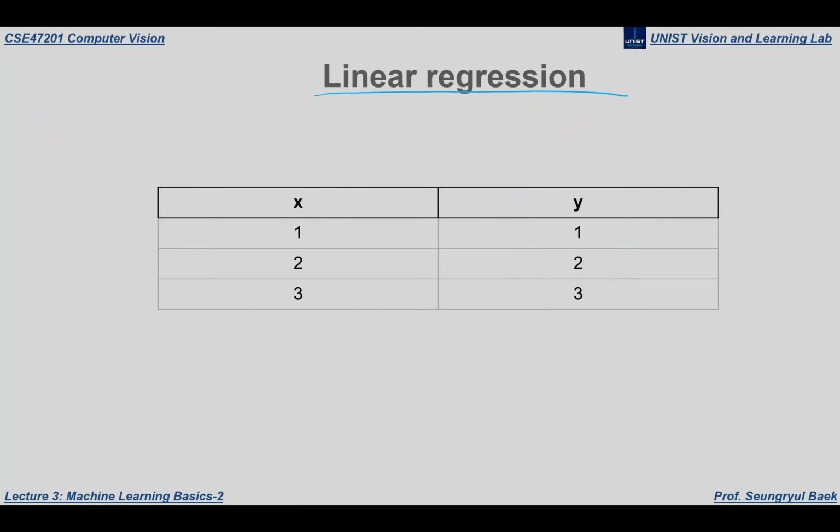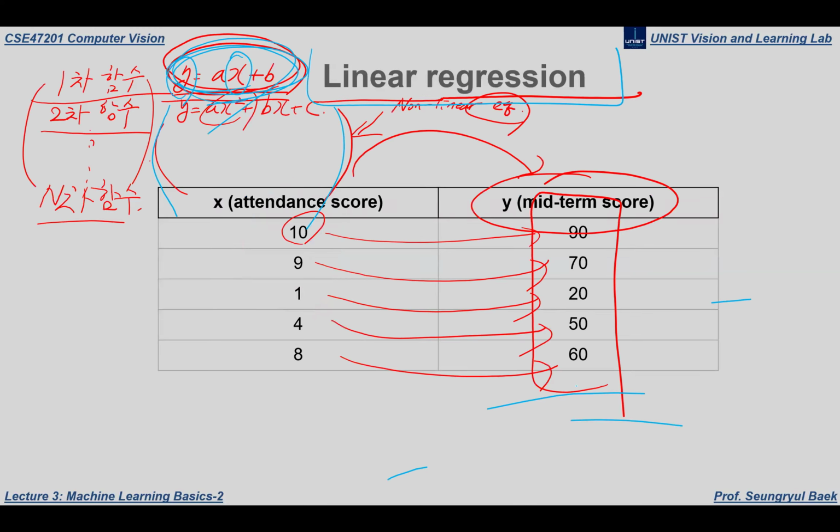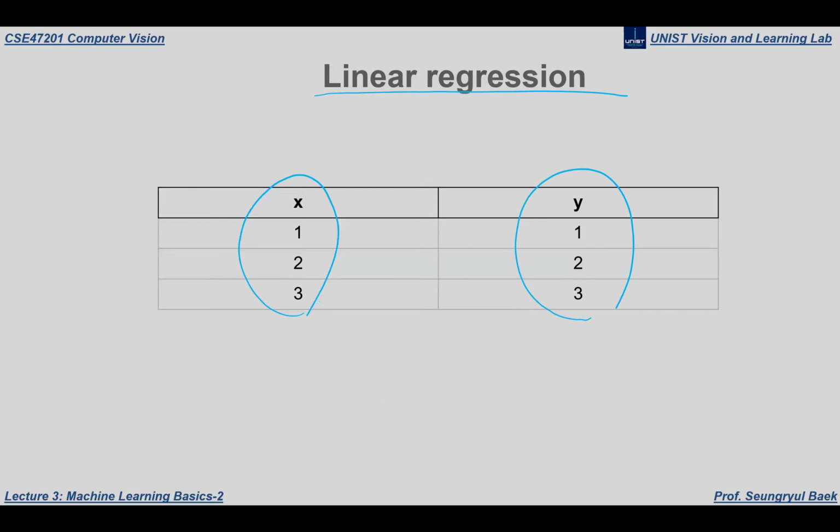To explain this linear regression at a more detailed level, I will use a simpler example, because these values are not that simple. So I first set these x and y values in a simpler way. x ranges from 1 to 3, and when x is 1, then y is 1.